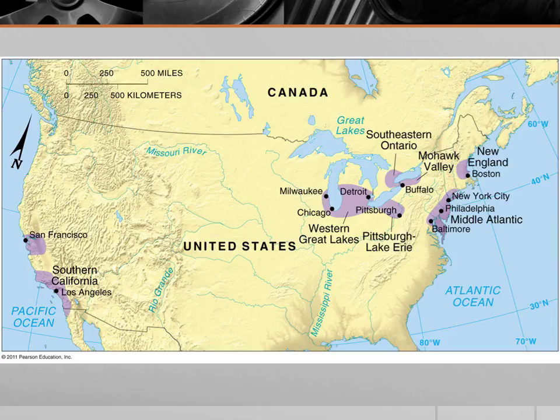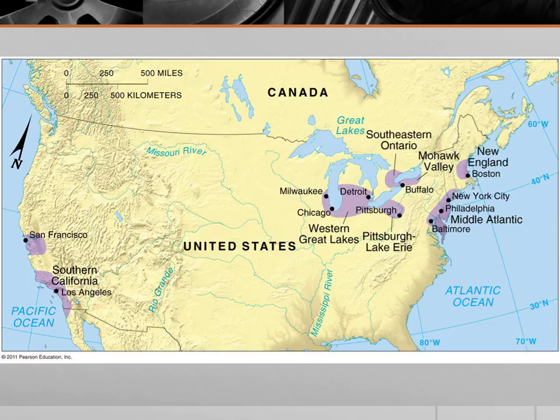And the last region that we can mention is actually outside of the United States, but still part of North America, and that is in Canada, in southeast Ontario, which is right across Lake Erie from our region of the Mohawk Valley. And we see very similar outputs. We see steel, we see automobiles, aluminum, paper, flour, textiles, sugar coming out of southeast Ontario.